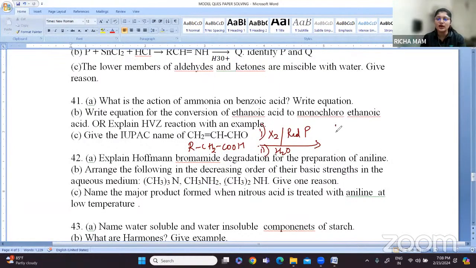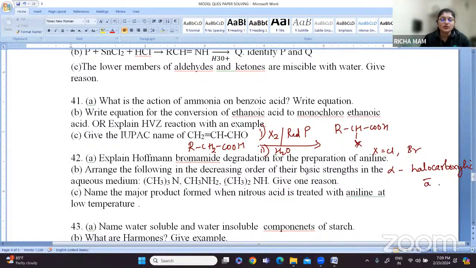It gives you RCHXCOOH, where X is Cl or Br. So this is an alpha halocarboxylic acid. At your alpha carbon you have a halogen substituted group.